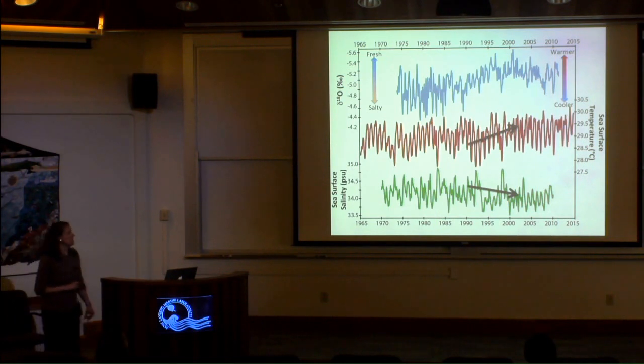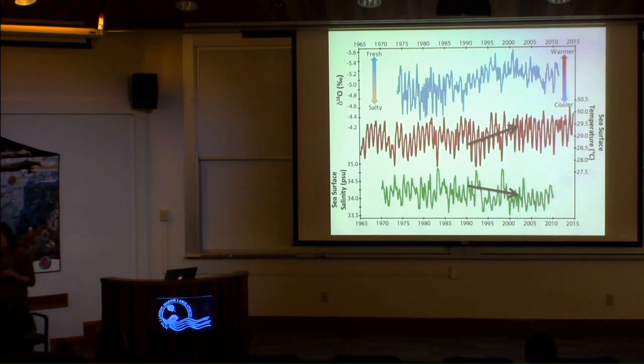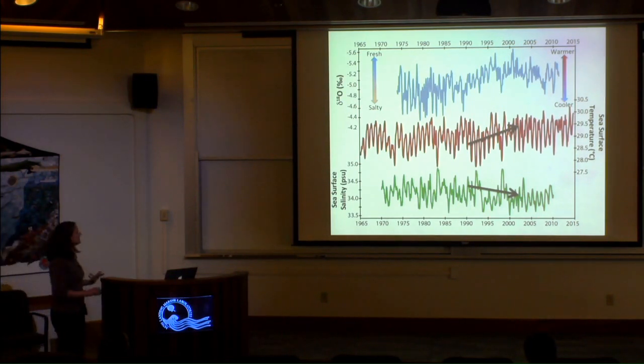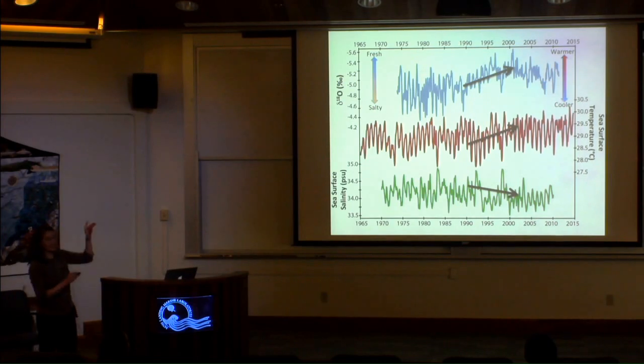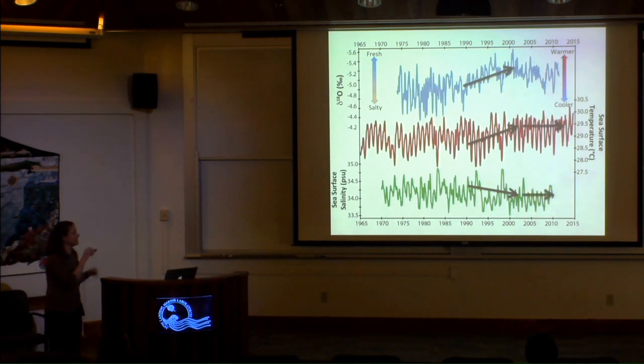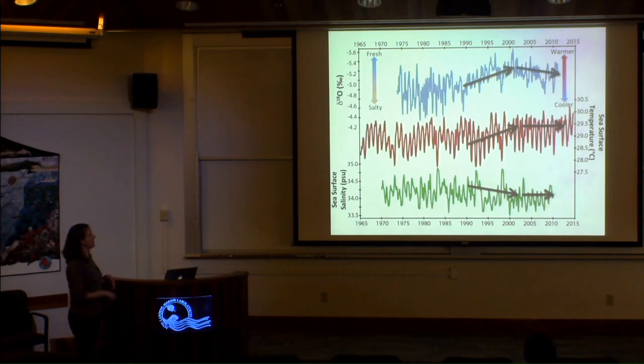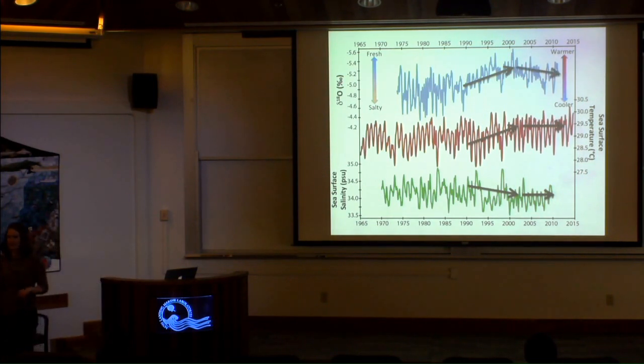In the satellite records, you also do tend to see increasing sea surface temperature and decreasing salinity, and we do tend to see that same type of trend throughout the 90s and whatnot. But unfortunately, things level off, and then in our isotopes, we actually see a decrease.